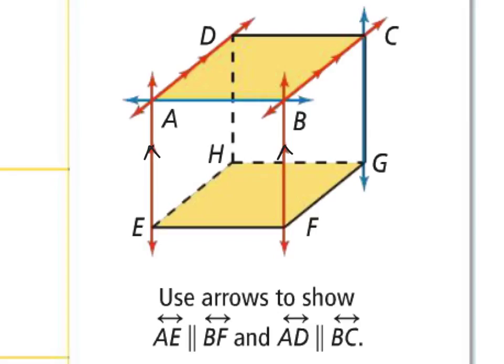There's one caret here and one caret there, so that's marking those two lines as parallel. Looking at the red lines on the top, line AD and line BC, those are marked with 2 carets each, so they're parallel to each other. Of course, they're marked differently than the lines going up and down, like line AE, showing you that they're not parallel to AE. So that's another symbol for parallel that you need to know.